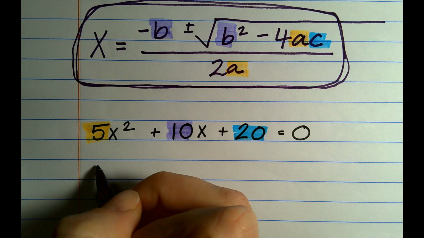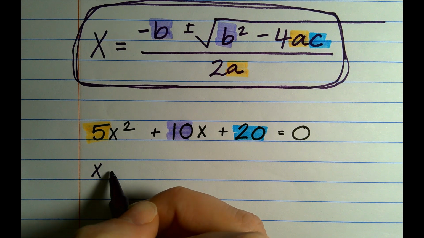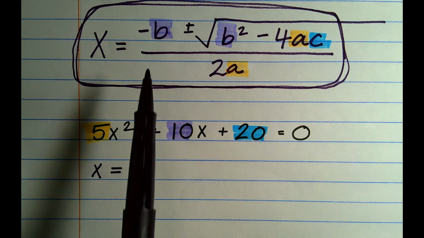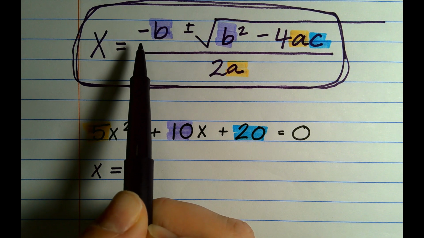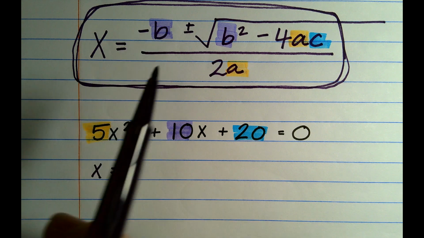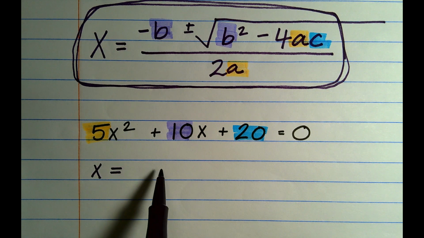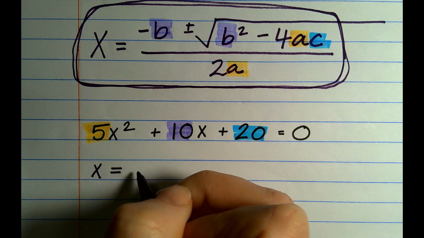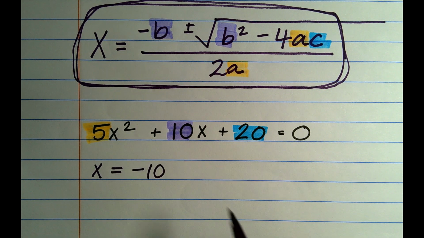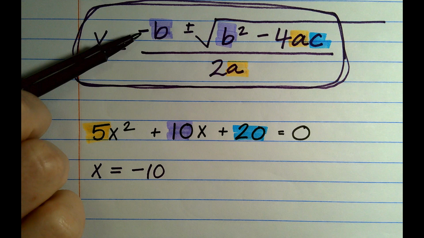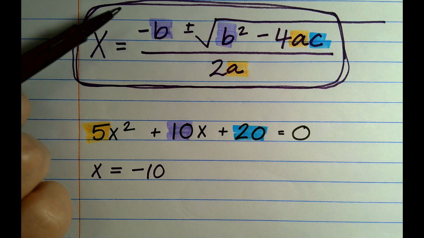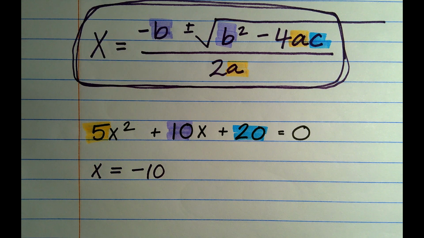So I'm going to write X equals, and we'll start one item at a time. I have negative B. 10 is B. So what should I write here? Negative 10. It's going to always be negative? It will always be a negative sign in front of whatever the original sign is.